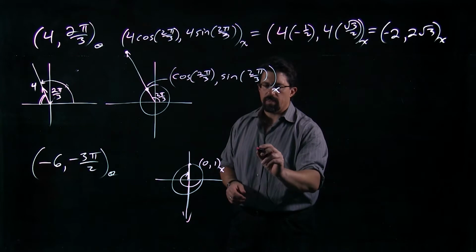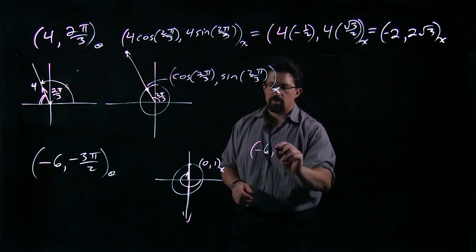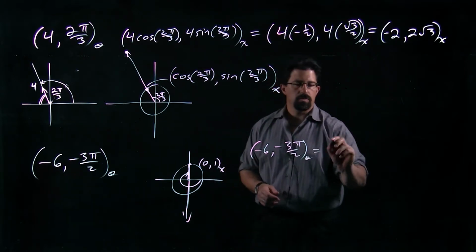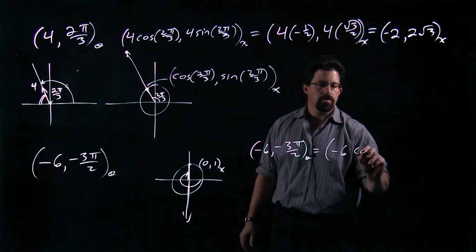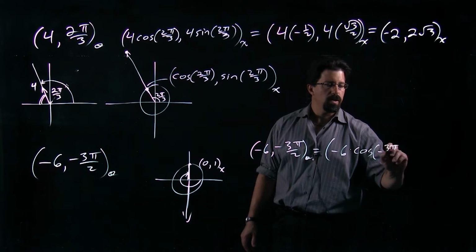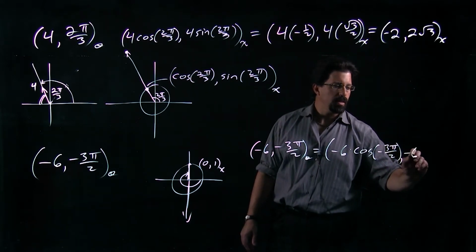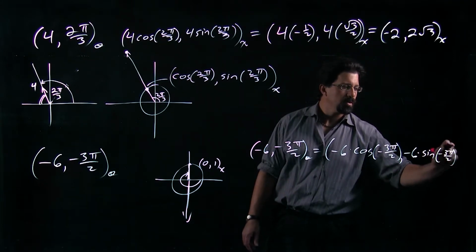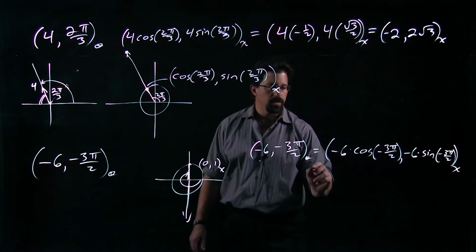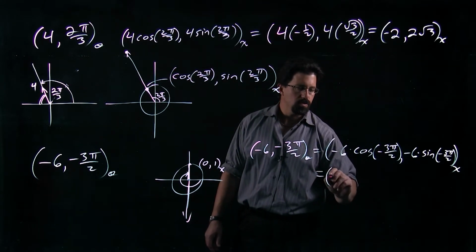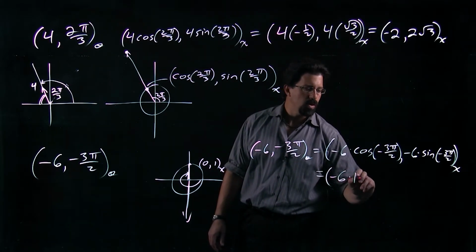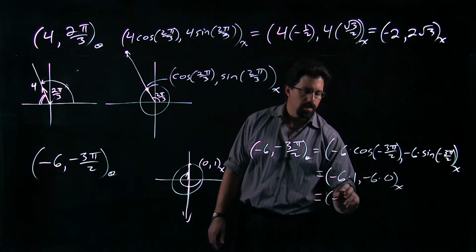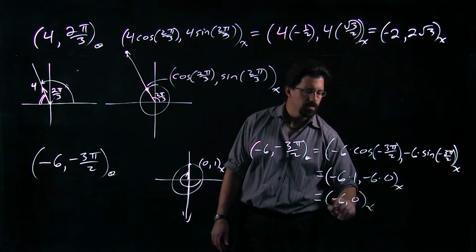And so what we're going to end up with is that (-6, -3π/2) is equal to (-6 cos(-3π/2), -6 sin(-3π/2)) in terms of rectangular coordinates. So this is going to be (-6 times 1, -6 times 0), which is (-6, 0).